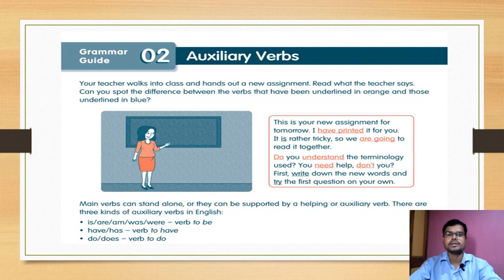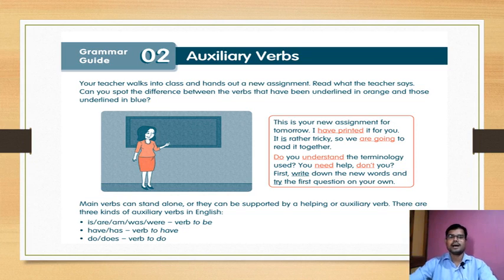Here writing shows us what is happening, so writing is the main verb and are is helping that main verb to make a meaningful sentence. Hence here are is the helping verb.